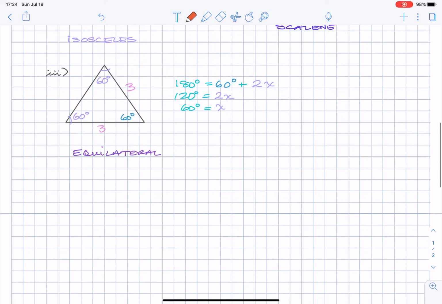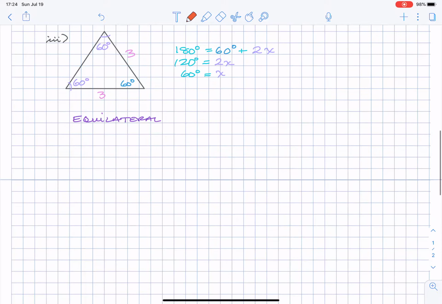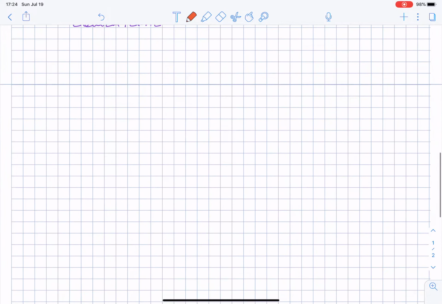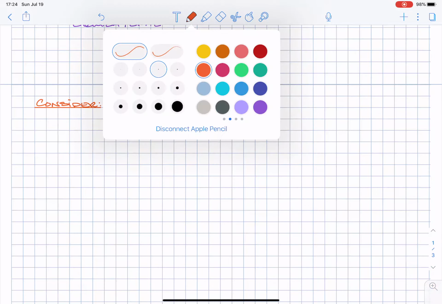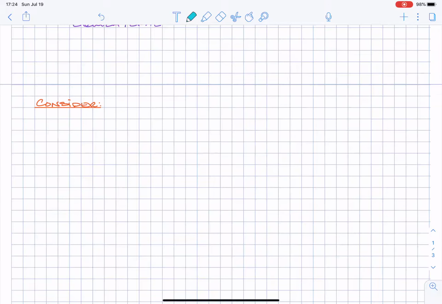Okay, so let's consider if I have a line of length C. Where shall I put this? Maybe I'll put it here. So here's my line of length C, whatever it may be.